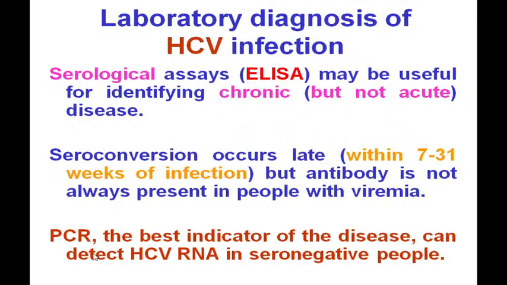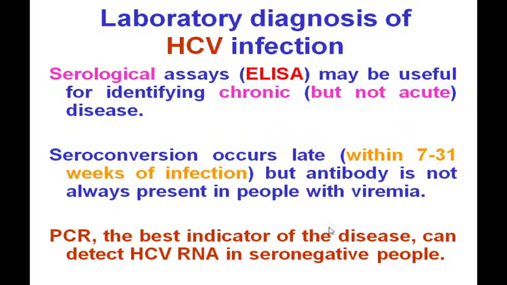But really, serological assay is not very sensitive, because first, seroconversion may occur very late, within 30 weeks of infection, and the antibody level may be very low. Usually we use NS4 protein as the antigen against which antibodies will be detected in an ELISA test.